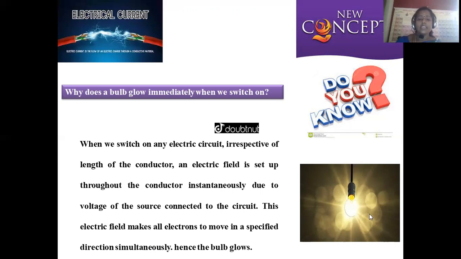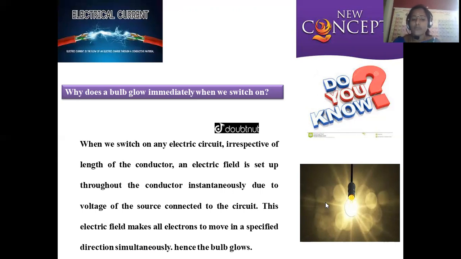What happens? It need not take the electrons from the source and send them to the target destination, as we might expect. When we switch on the electrical circuit to get activated, simultaneous movement of electrons is possible because of voltage imbalance.